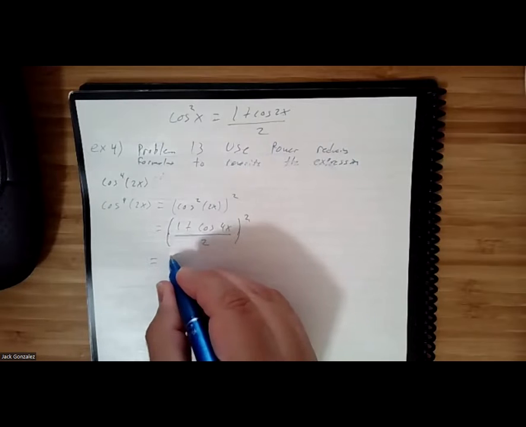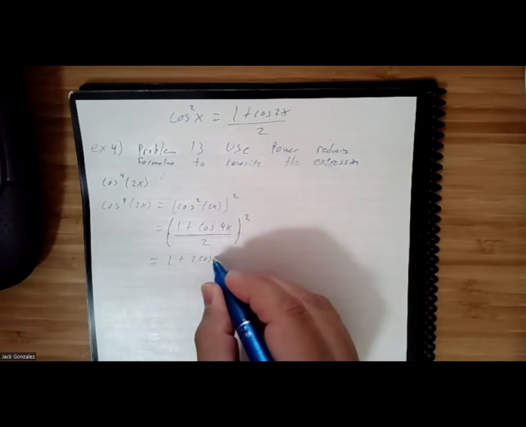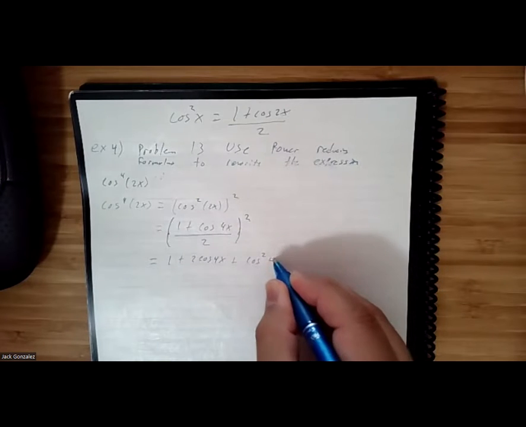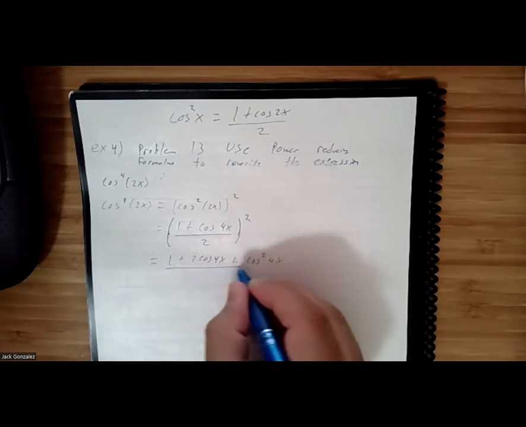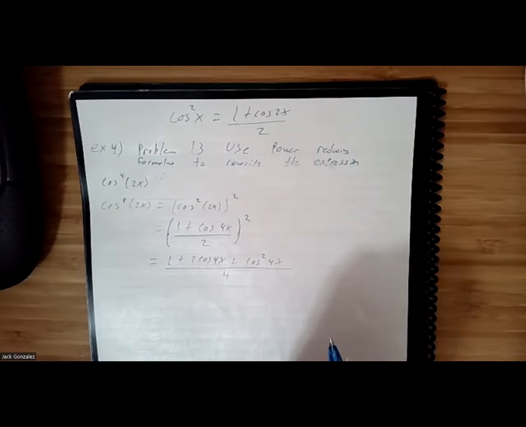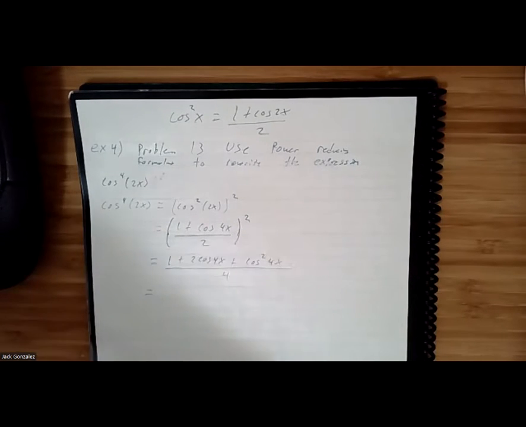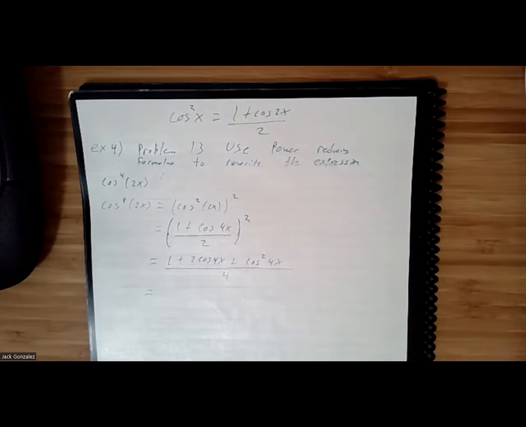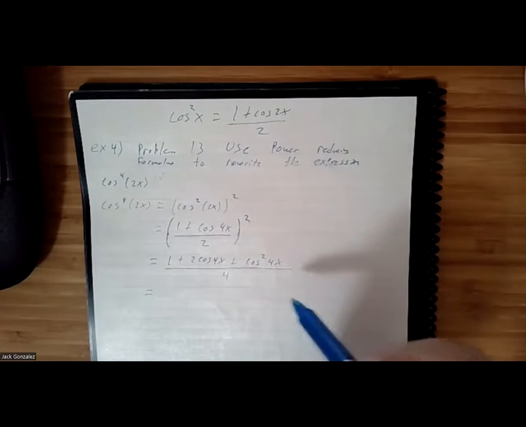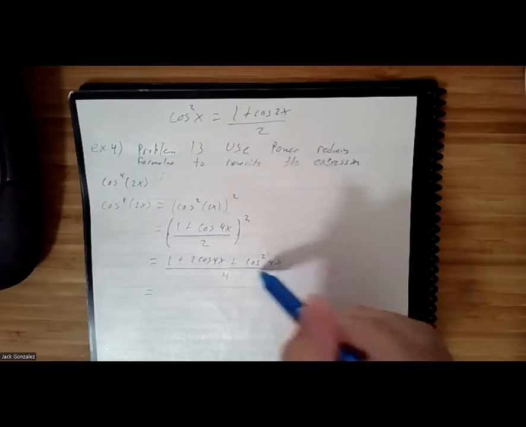So the top would become this when you square it. Okay, so they want us to keep reducing it until there's no more squares. So we're going to apply it again to this guy.